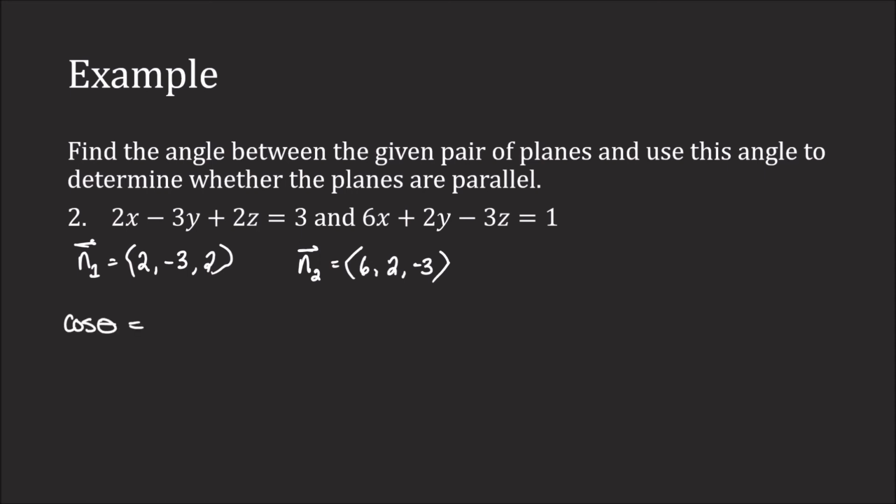So cosine of theta is the absolute value of 12 minus 6 minus 6 over the square root of 4 plus 9 plus 4, which should be the square root of 17, times the square root of 36 plus 4 plus 9, but this equals 0.